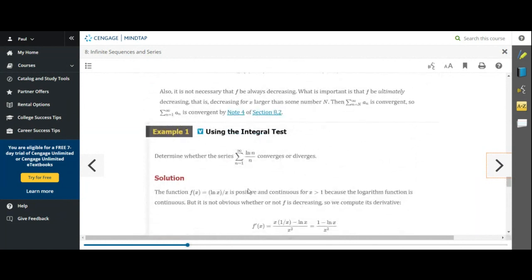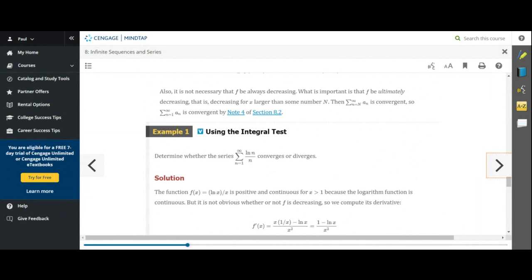So where's an example where you would use the integral test? Here's example 1. You want to determine if the series, n equals 1 to infinity of log of n over n, converges or diverges. That series is somewhat complicated.